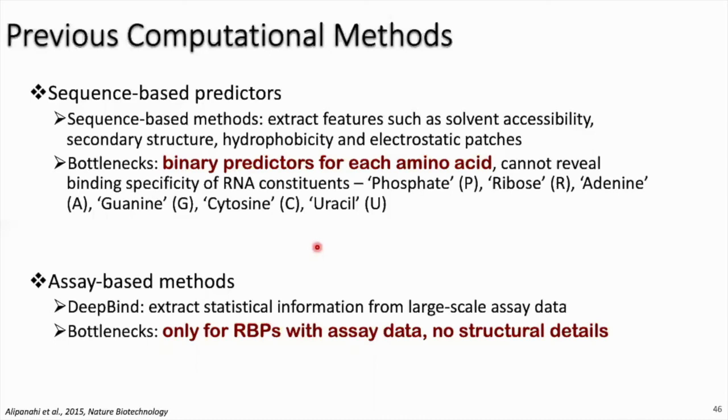However, they can't provide the further interaction details, such as the binding preference of RNA chemical groups on the protein surface. The second category of computational methods extracts statistical information from the assay data, which means they inherit the disadvantage of the assay experiments, which can't provide us with the interaction structure details.